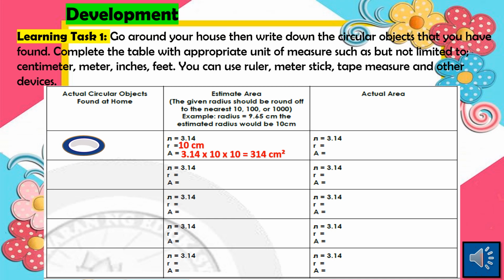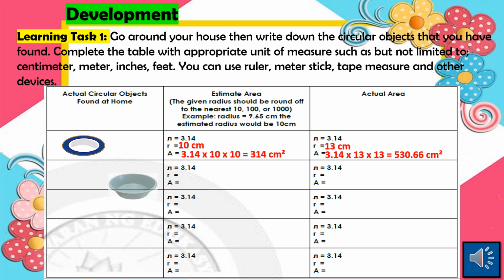And what is the actual area? The actual area is, we have 13 centimeter as the radius, and for the area, we will multiply 3.14 times 13 times 13, that is equivalent to 530.66 square centimeter.